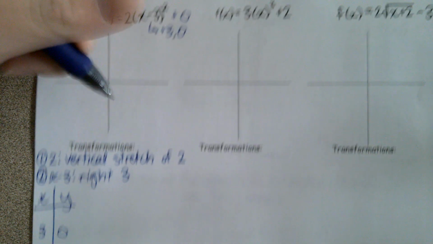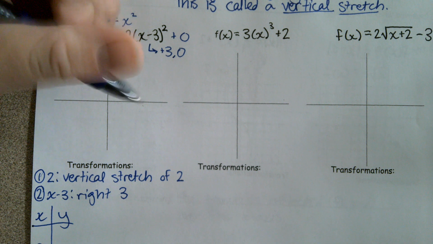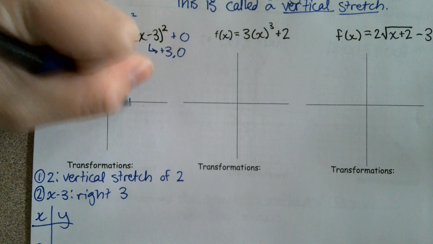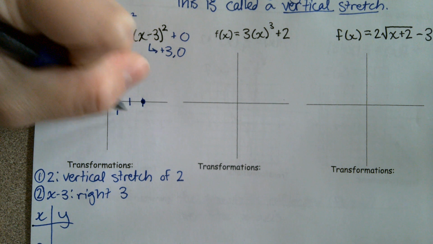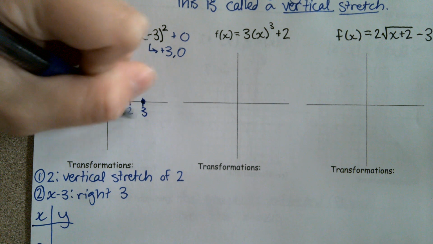Then let me graph that real quick. 3, 0. I need to go 1 to the left, so I need to figure out 2, and also 4.